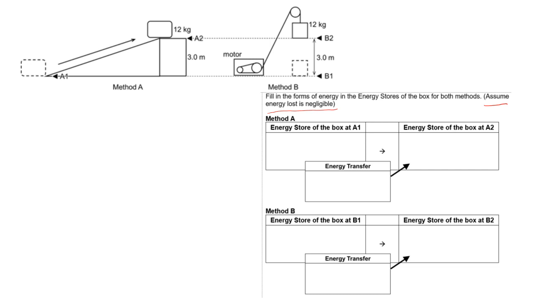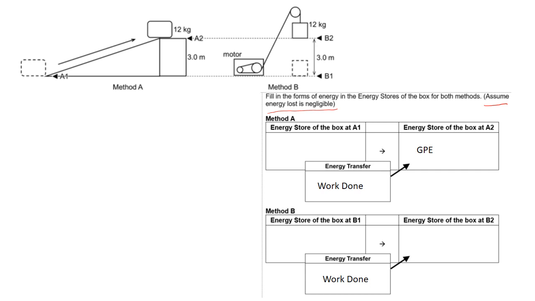For the energy store at A1 and B1, it is completely nothing. We are not interested in any of those. What we are interested in is that there is work done on the box for method A, because we have to push the box a certain distance with a force, and hence the box will gain gravitational potential energy once it is on the top. And likewise for method B, the motor will actually have to use a force.